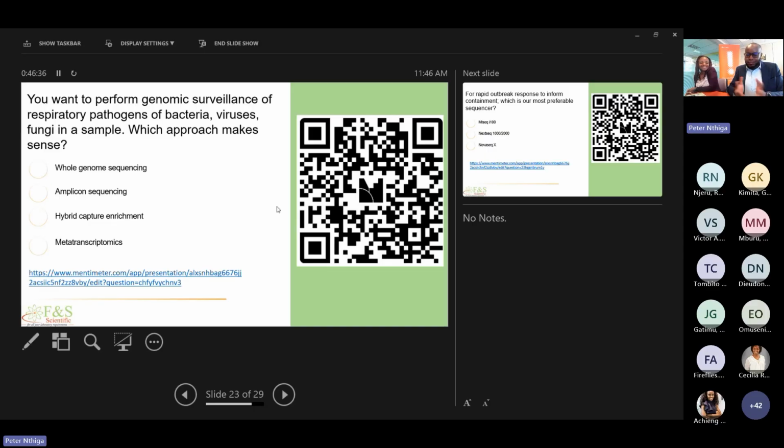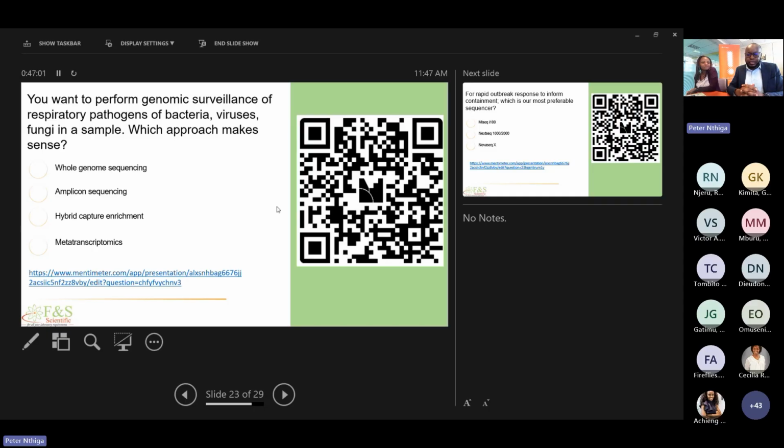So again, you want to perform genomic surveillance of bacteria, viruses, fungi in a sample. Which approach makes sense? Well, you can do whole genome sequencing using a shotgun metagenomics approach. The caveat here may be you'll need a lot of data.